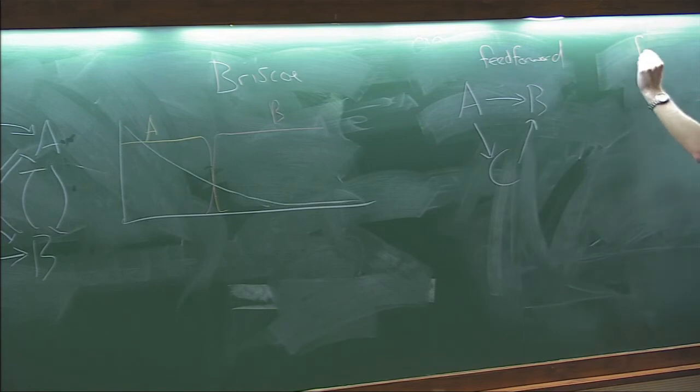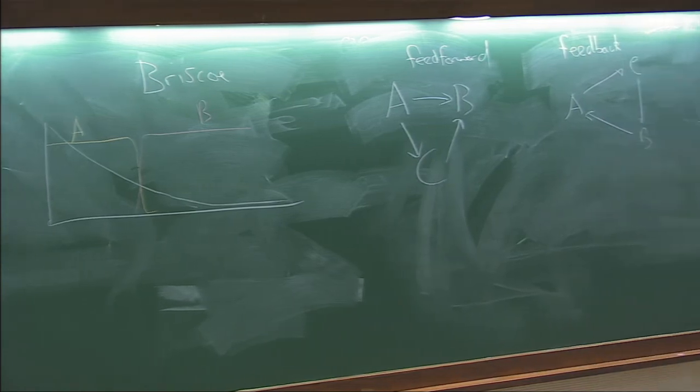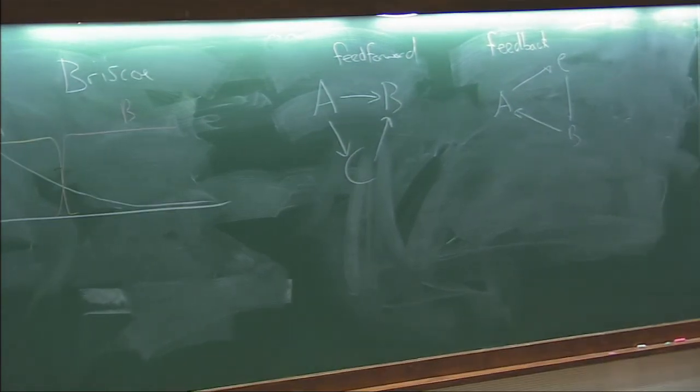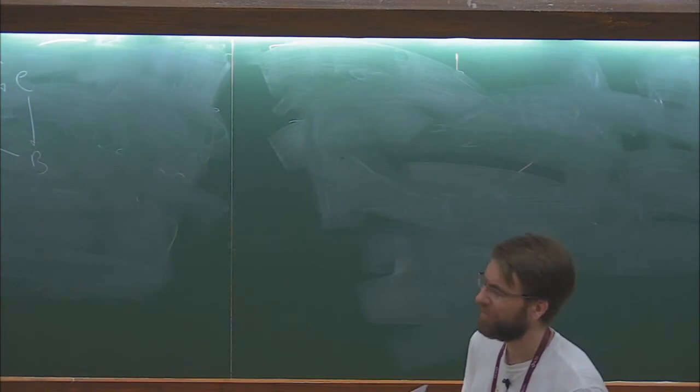Or you could have feedback. So you could have A promotes C, promotes B, promotes A. And so there are lots of ways you can do this. It turns out that for 3 nodes, I read this in Uri Alon's book, and I never sat down and proved it myself, there are 13 possible three-node patterns, which seems like a rather odd number, but I think it's reasonably fair.